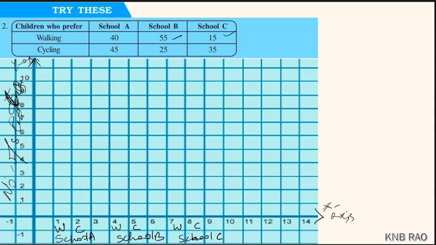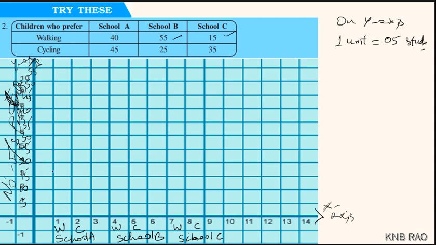I can consider 5, 10, 15, 20, 25, 30, 35, 40, 45, 50 and 55. That means the scale for me here on the y-axis is 1 unit equals 5 students. So it becomes easy for me to plot the graph now.